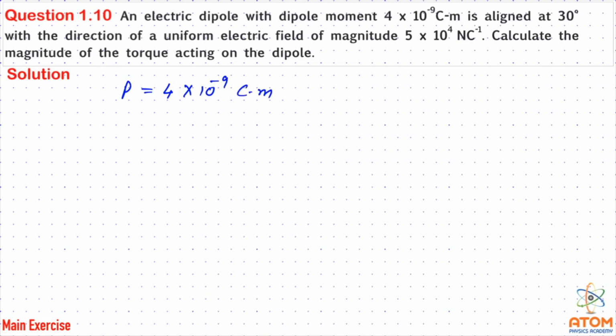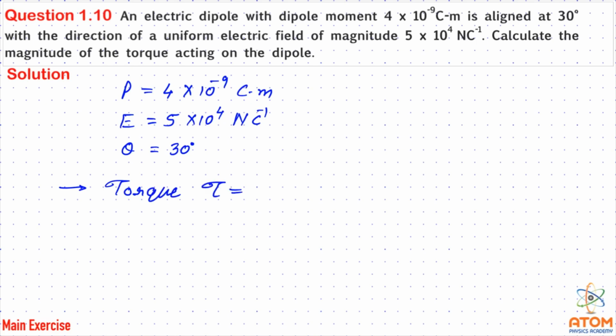and this is electric field E, that is 5 into 10 raised to 4 Newton per coulomb, and the angle theta is 30 degree. So torque, we know, tau is given by PE sin theta. It's a case of a uniform electric field, so torque will be PE sin theta.